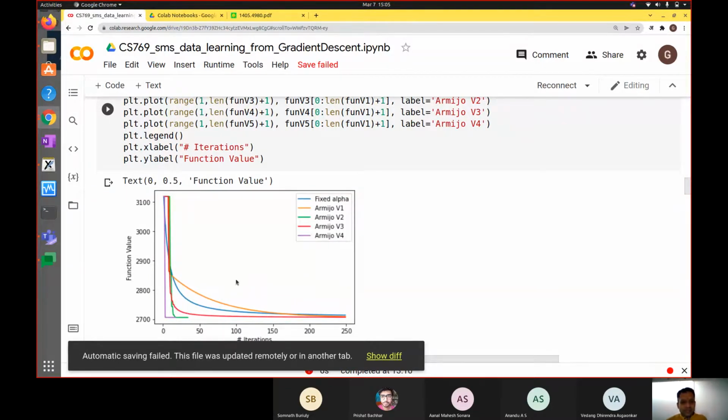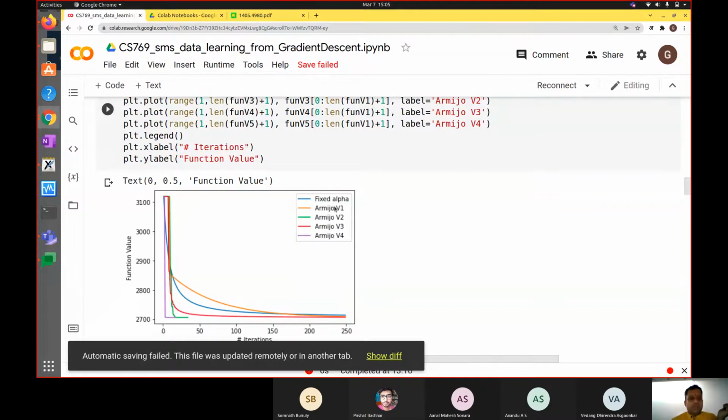V3 was a slight aberration because it's just alpha equals 1. What the interpolated value is, is important. So V3 was kind of a precursor to V4, so we can ignore V3. The V2, which is green, was certainly an improvement over V1, which is in orange. The fixed alpha was slightly better than orange in some cases because it's not doing backtracking. See, backtracking also takes some time.